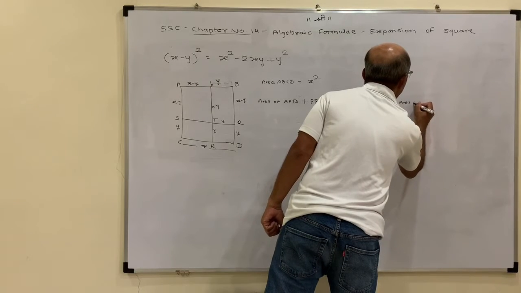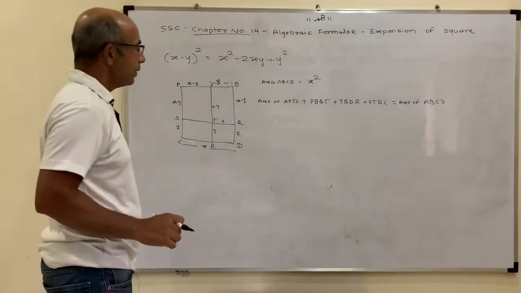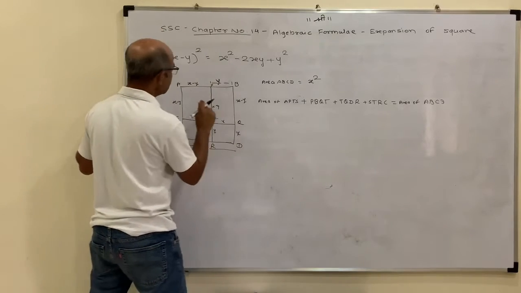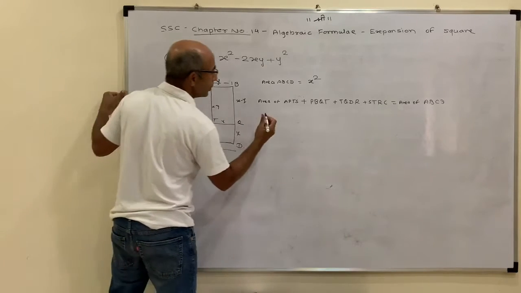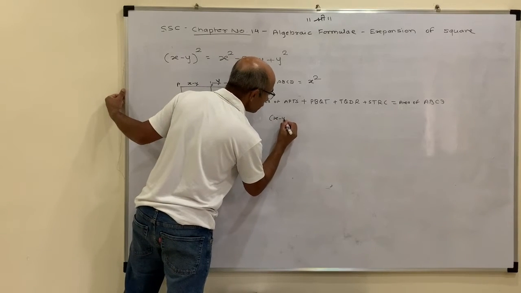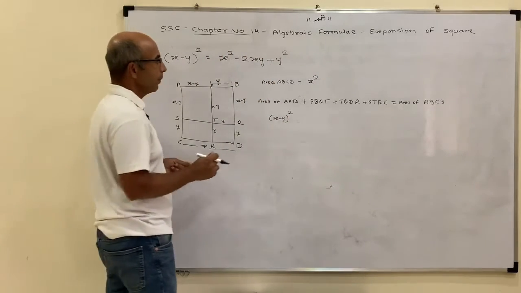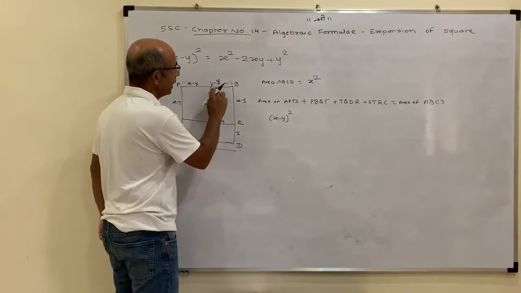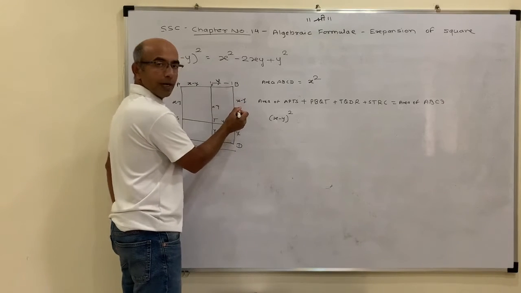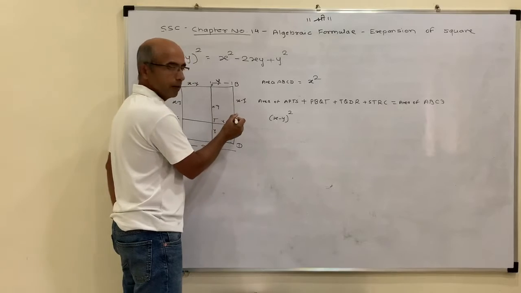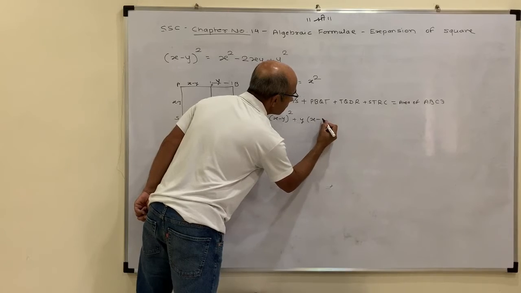So now area of APTS: X minus Y is a side of this square, so it will be X minus Y square, because area of a square is side square, plus PBQT is equal to Y into X minus Y. This is a rectangle, so area will be Y into X minus Y.